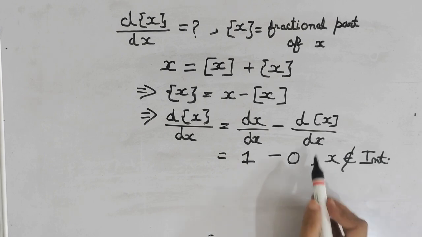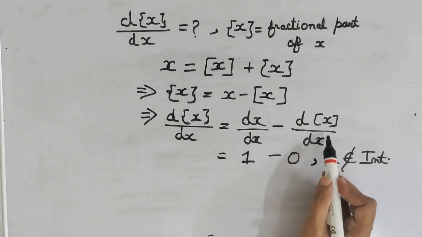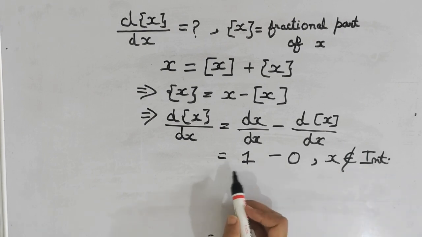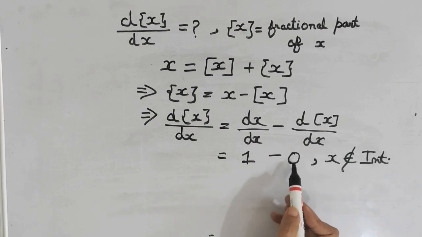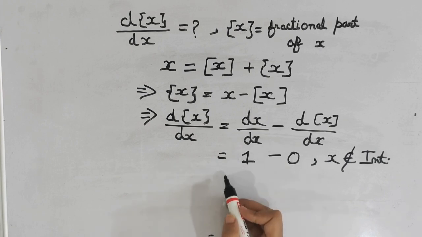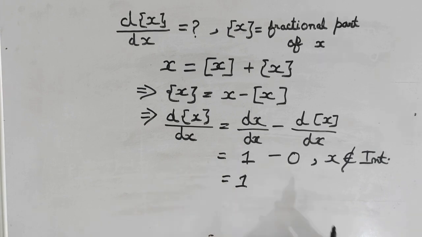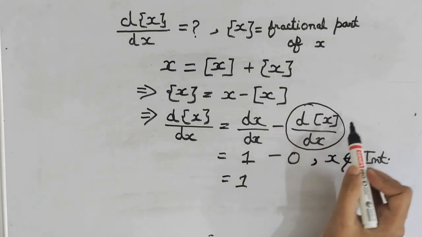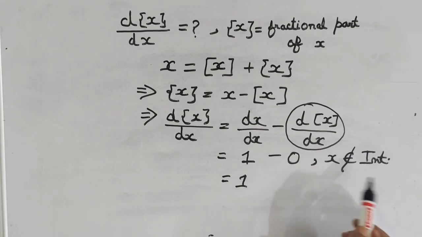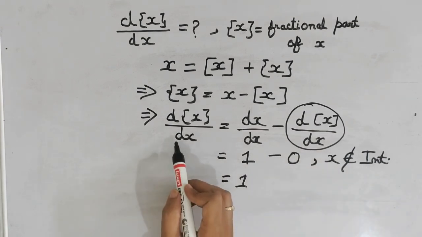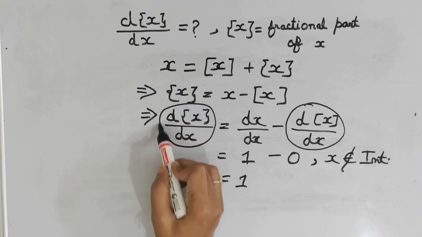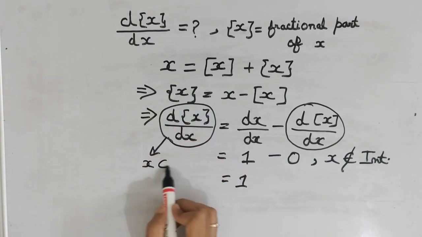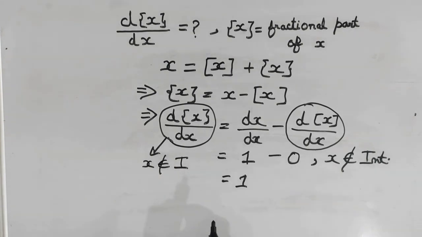The derivative of the greatest integer function exists only when x is not an integer. So if x is not an integer, then we have this 0 value, and 1 minus 0 equals 1. Since this derivative comes out when x is not an integer, it will also be applicable only when x is not equal to an integer.